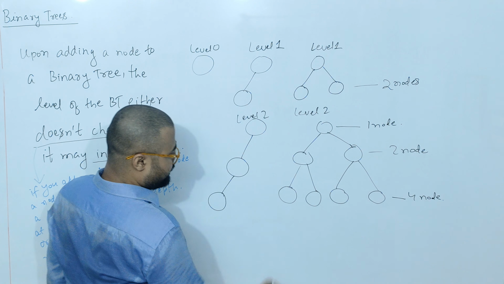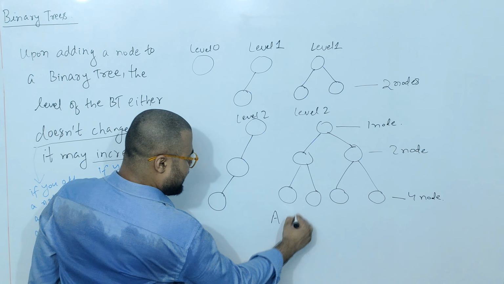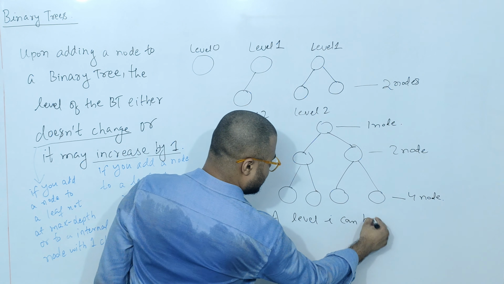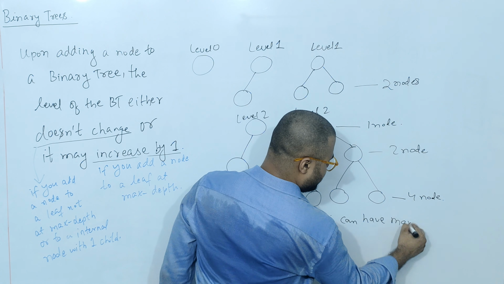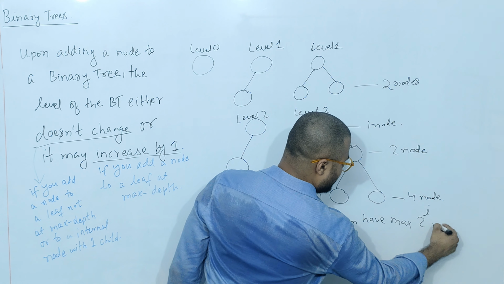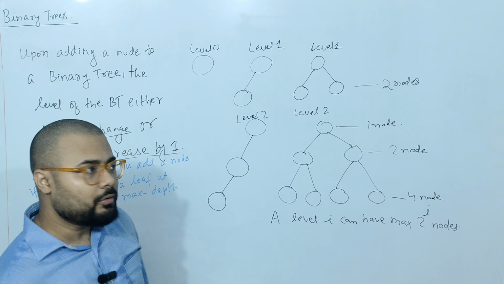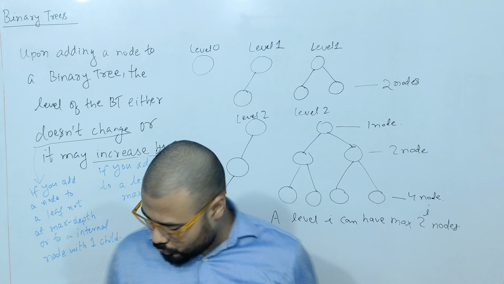At any level, level i can have a maximum of 2 to the power i nodes. So that's what I wanted to convey in this video, that the maximum number of nodes at any level is 2 to the power i.